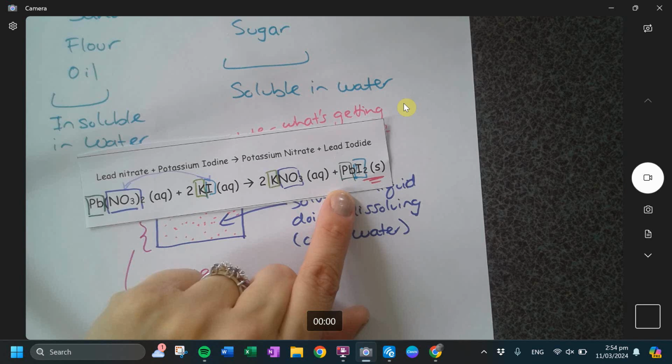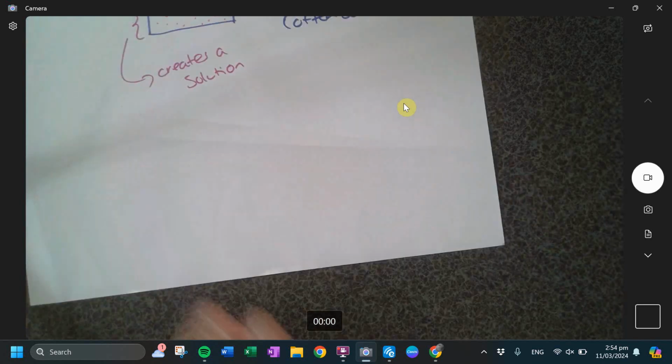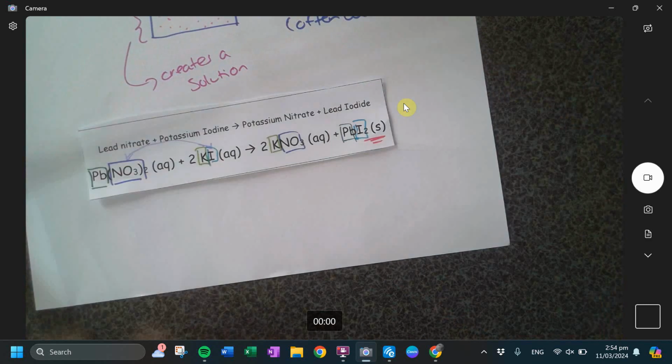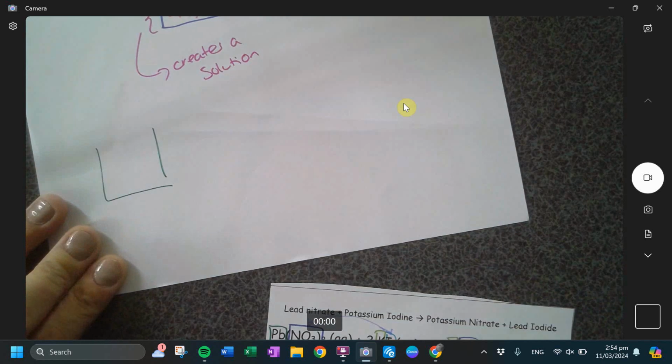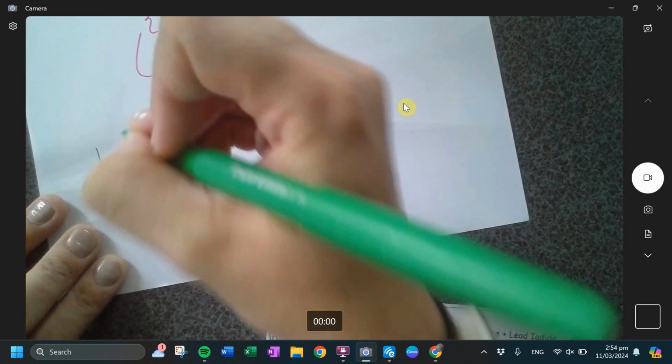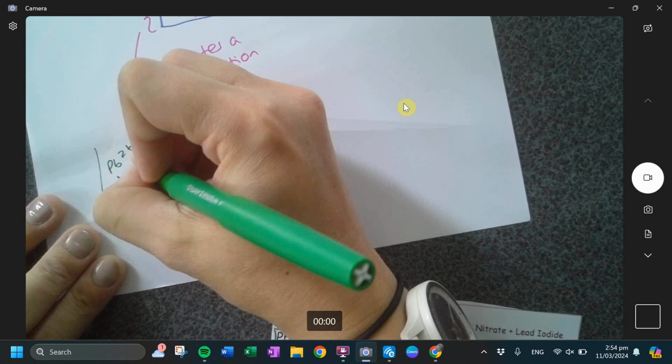Do you want me to draw a picture to show that? Are we okay? Draw a picture? Okay. I'll put this guy down. So, in my beaker, number one, I have a solution of lead ions and nitrate ions, like that.